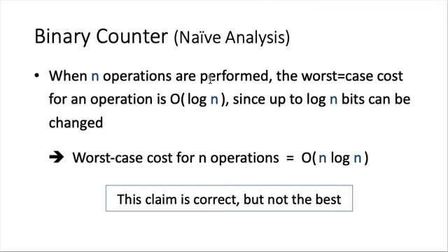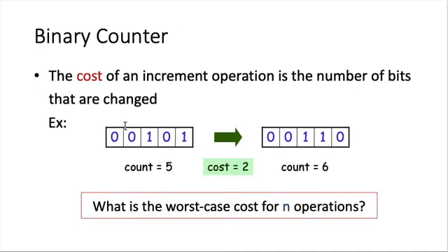Now, let us take a look at this using a naive analysis. We are going to find out the worst case cost for one single operation. Because we are performing n operations, the counter value will be up to the representation of n, so there will only be log n bits involved.